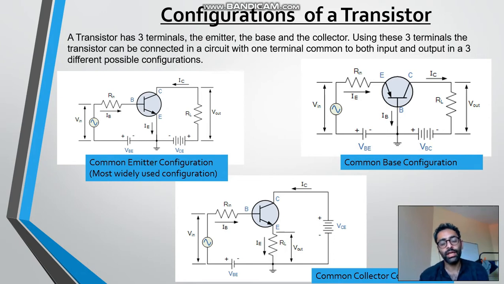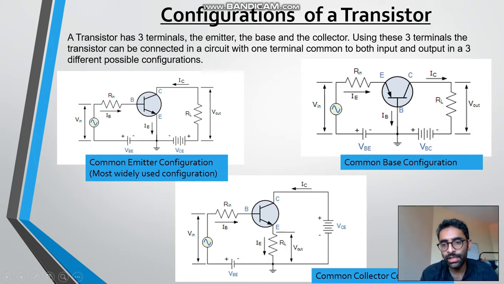Whatever voltage you apply on the input side, you get an amplified version of it on the output side. That means V in is the input voltage, V out would be some amplified version of it, and that is only possible in the common emitter configuration, and that's why it is the most widely used configuration of the transistor.